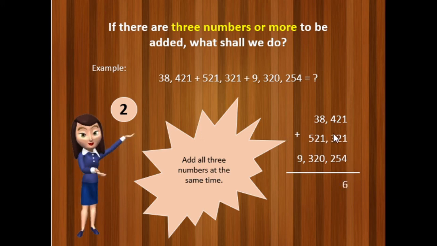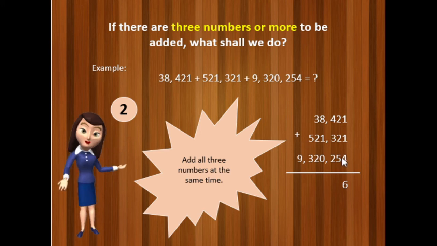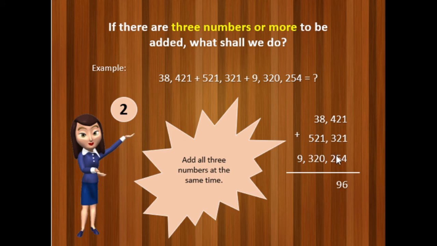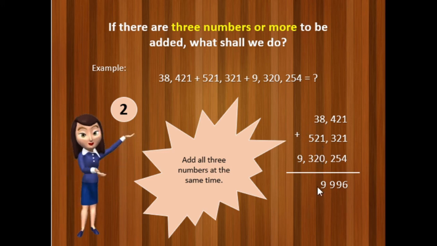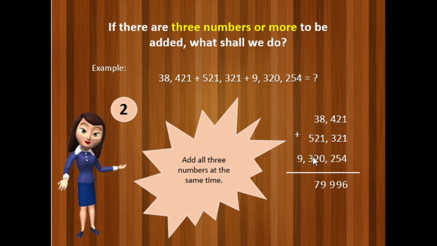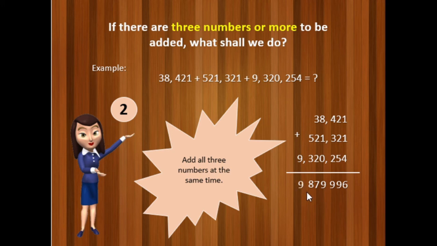2 plus 2 plus 5 equals 9. 4 plus 3 plus 2 equals 9. 8 plus 1 plus 0 equals 9. 3 plus 2 plus 2 equals 7. 5 plus 3 equals 8 and 9.